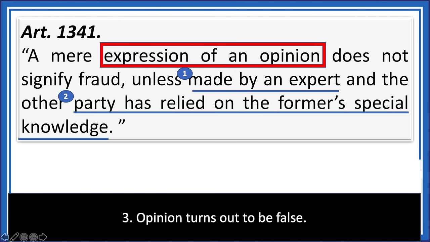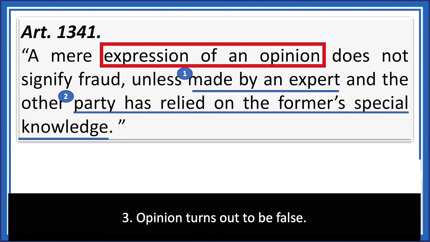So, vitiated consent ulit. Unless naman hindi siya expert opinion, and kahit pa expert opinion, pero meron kang time to ascertain kung totoo ba yung mga sinasabi niya and that hindi naman talaga yung opinion niya ang naging reason kung bakit mo binili yung product. Wala, hindi siya voidable contracts, walang vitiated consent, hindi siya fraudulent. So, that's it. That's Article 1341.